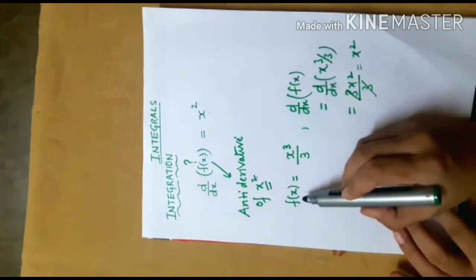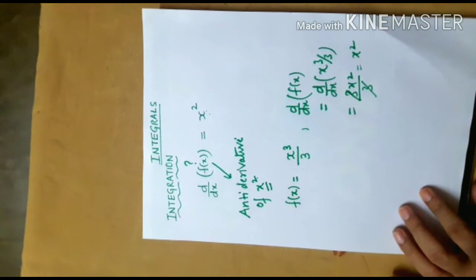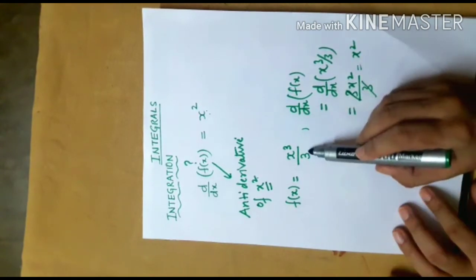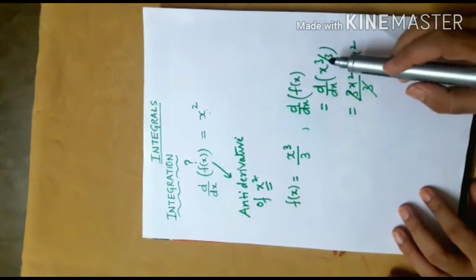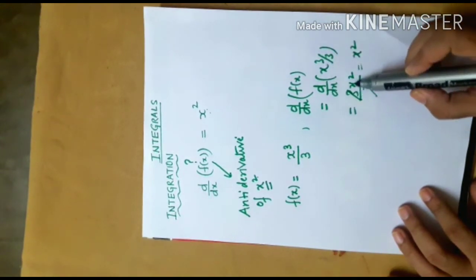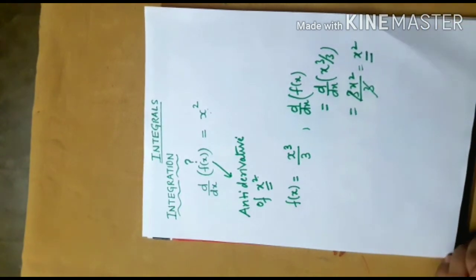Yes. If I take f(x) equals x cube over 3, you can check the derivative of this function will be x squared. Yes, the derivative of x cube will be 3x squared, so 3x squared over 3 will give you x squared.